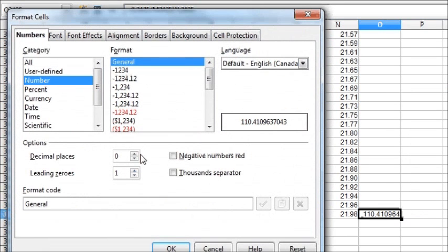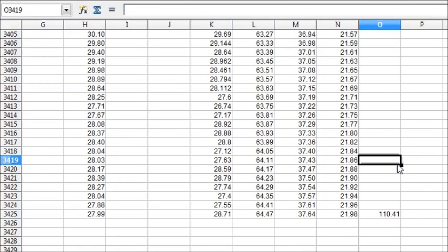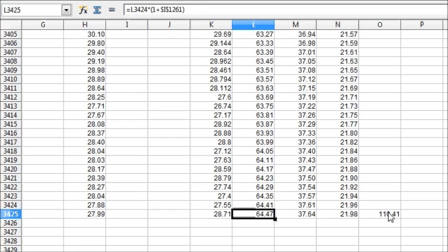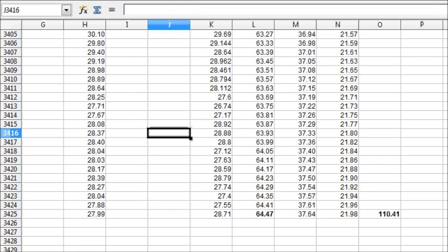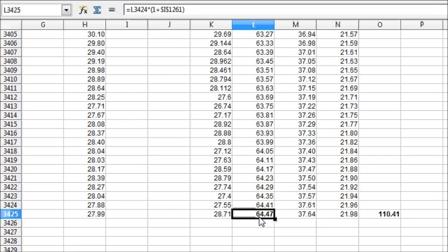Let me just put this into 2 decimals, and I'm going to put the numbers that I want to see in bold. What I want to see is when will this number hit around 78, and when will this hit 120?